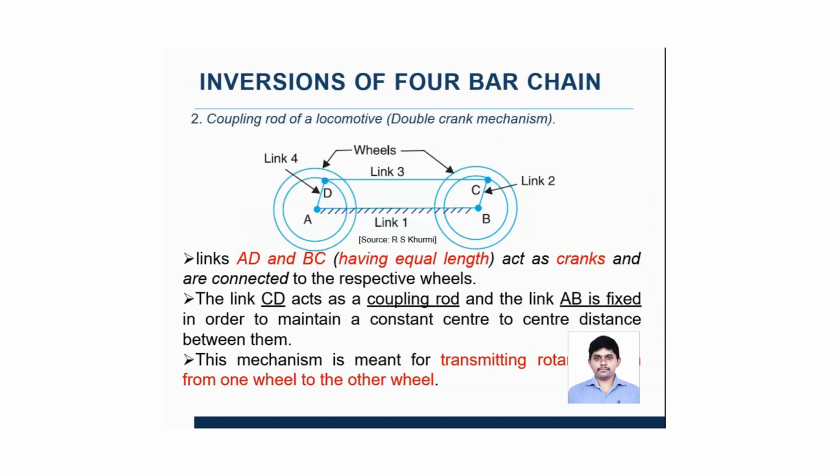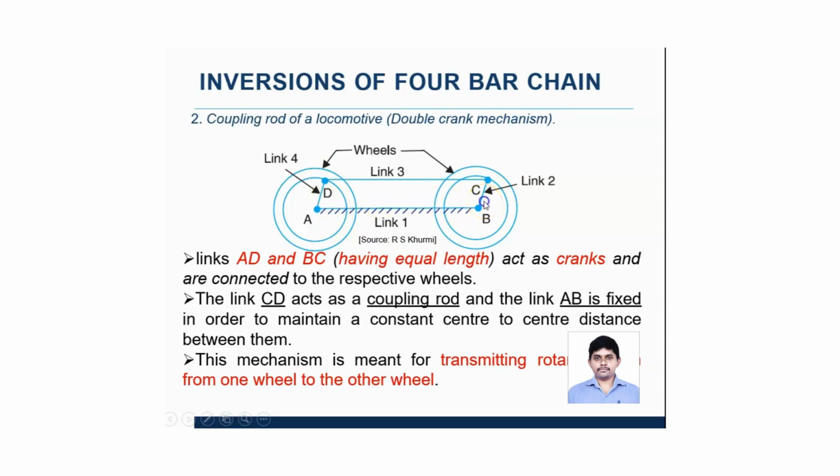The second case is the coupling rod of locomotive. In a normal train, for example a train engine, the wheels on the rails are interconnected with the help of this coupling rod. This is the coupling rod of locomotive. Here it is the double crank.